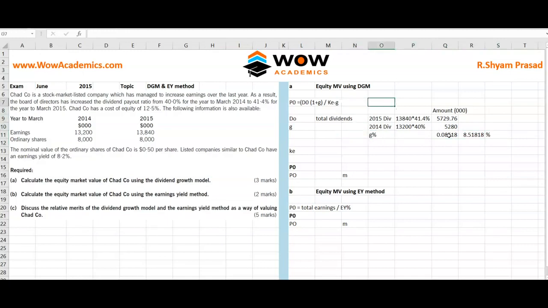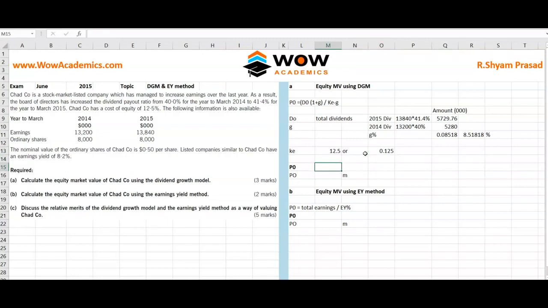So our P0 will be, apart from that, we need to have the Ke here. Ke is 12.5%, or if you want, we can also take it as 0.125, which would be easier. So we'll find out the P0.